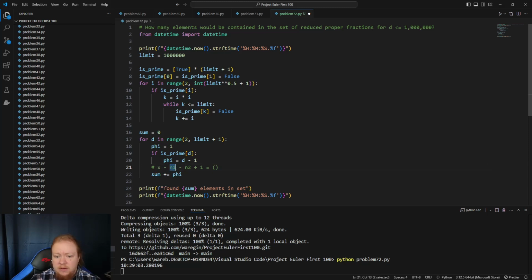Let's just make this x, y, and z for the sake of algebra. And let's say we want to set it equal to x minus y minus 1 minus z minus 1. And then what does that plus 1 equal?